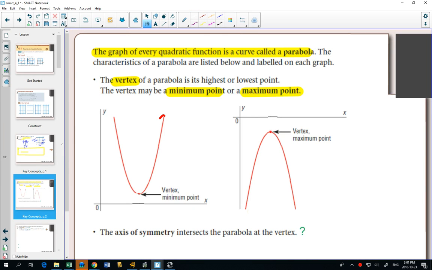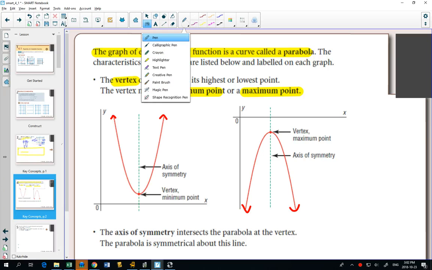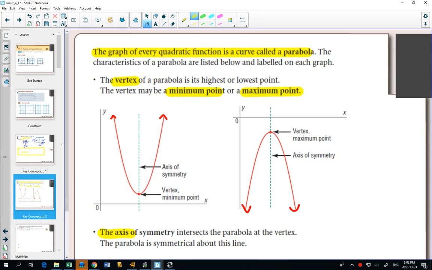And on these graphs there should be arrowheads showing that this continues forever. Parabolas are always symmetrical, and so a vertical line that splits it completely in half is called the axis of symmetry. And the axis of symmetry will always go through the vertex.